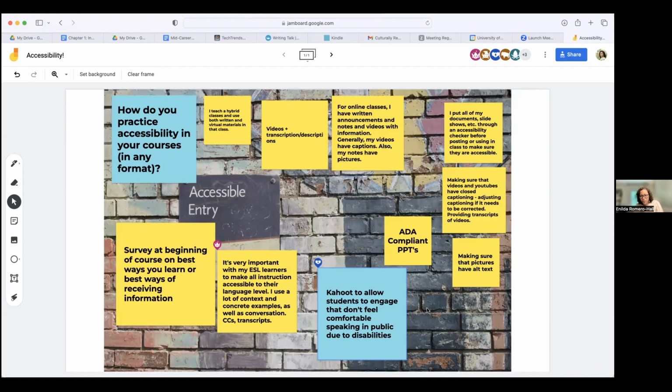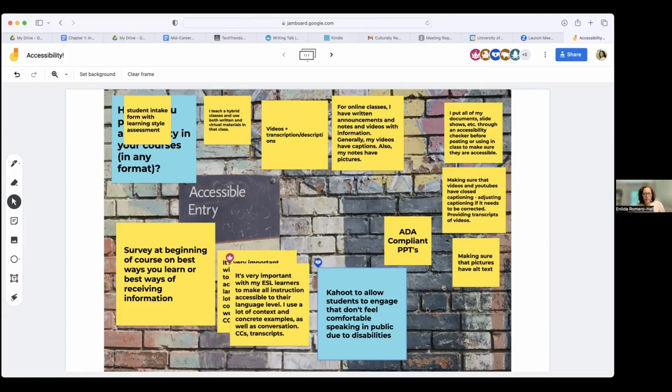And transcripts, making sure that pictures have alt text. I've seen quite an increase in the use of alt text, and that not only is for instructional software, but also for other things in our everyday life, like social media.